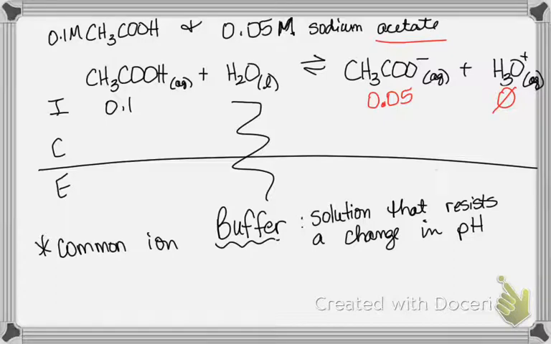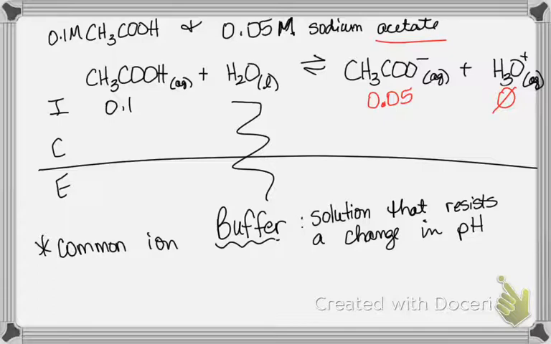As far as your body goes, you don't have to get very far from 7.4, and medical professionals, there's nothing they can do. Once your blood drops, I'm not sure what the critical level is, I'm going to say maybe 6.9, but the blood can't recover from that. But that's what a buffer system is. It just resists a change in pH.